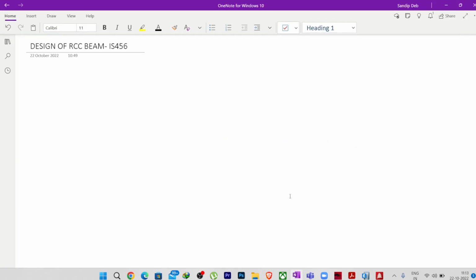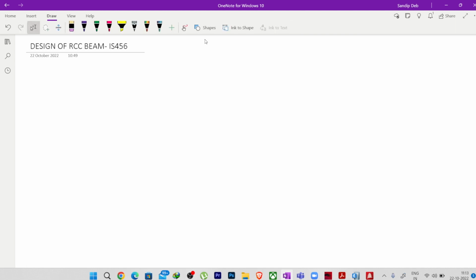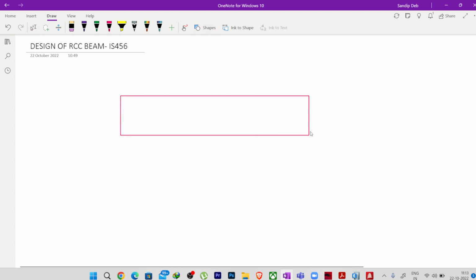First of all, we will see how the beam design concept is developed. Suppose we take a beam here. Suppose this is a rectangular RCC beam, and if I draw the cross section of that beam, this is my cross section.